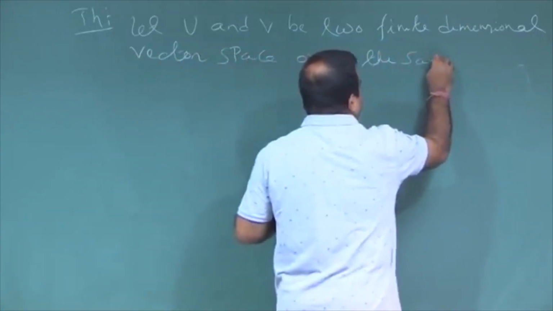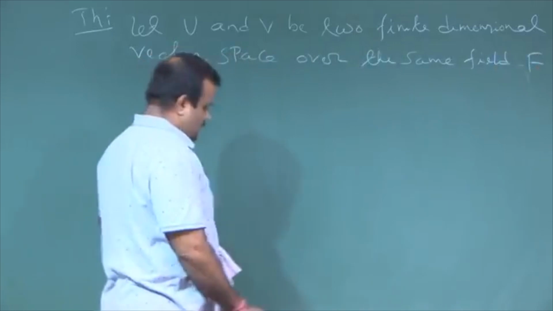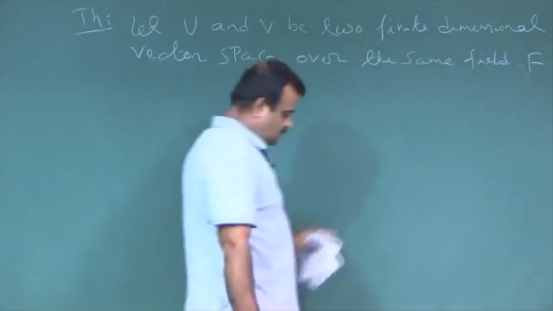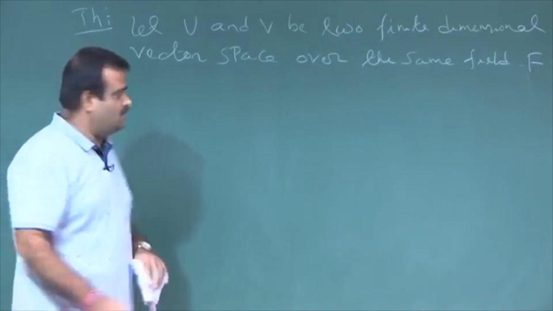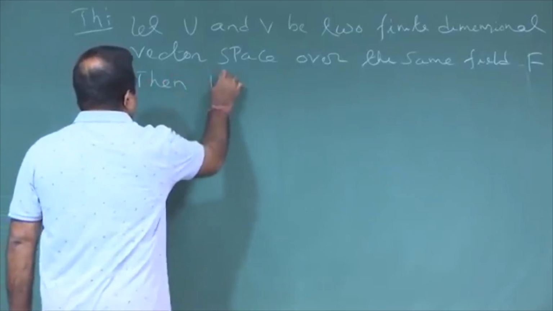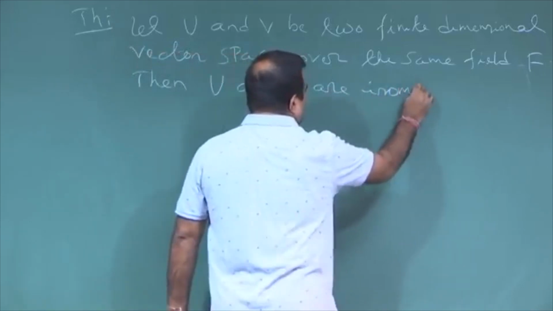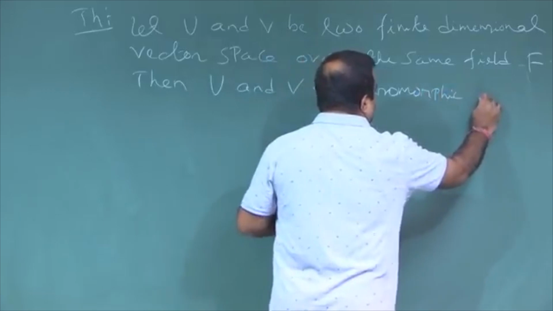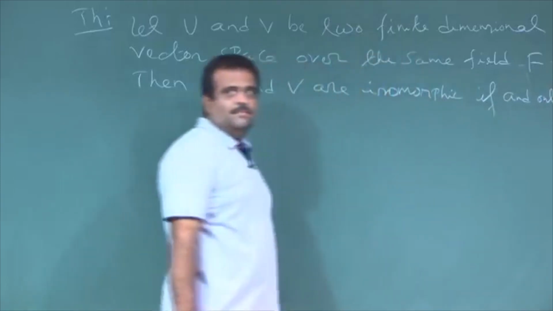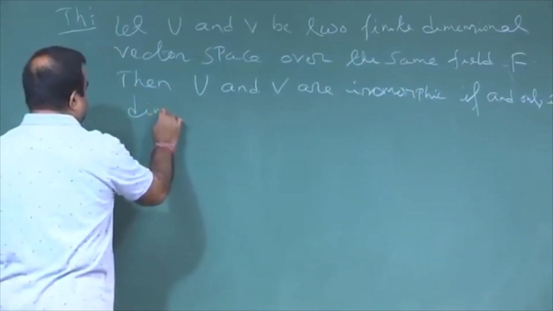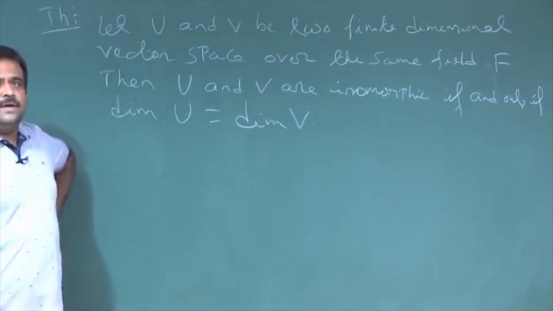Then U and V are isomorphic if and only if their dimension is the same, if and only if the dimension of U is equal to the dimension of V. Okay. So, this is the theorem.